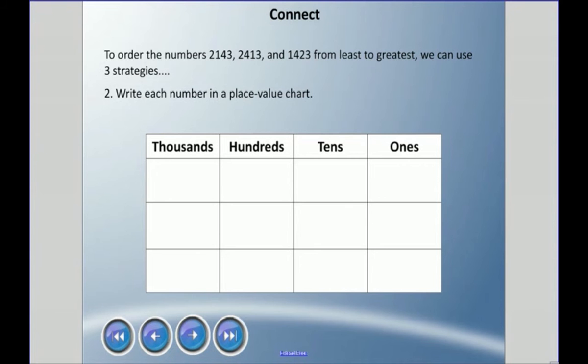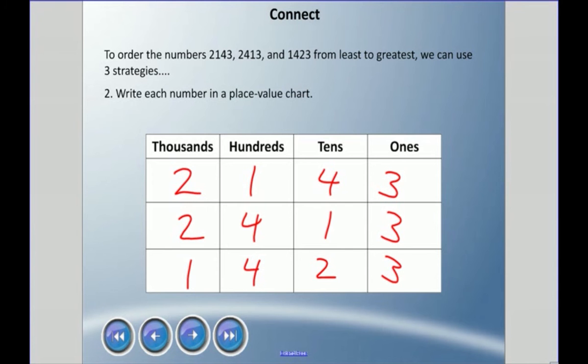Okay, we're going to use the same numbers again, but this time I'm going to use a place value chart, and we did this in the last lesson, so I'm going to rewrite these out. So 2, 1, 4, 3, 2, 4, 1, 3, 1, 4, 2, 3. Again, we can see right away, and we look at the thousands column first because that's the fast way of doing it, this one's definitely the smallest.